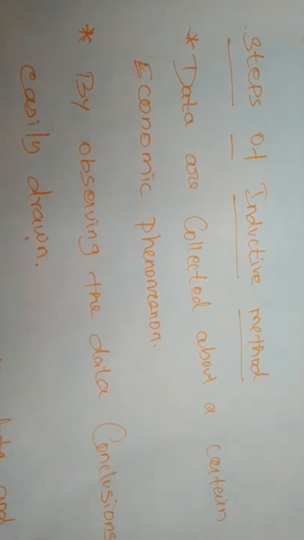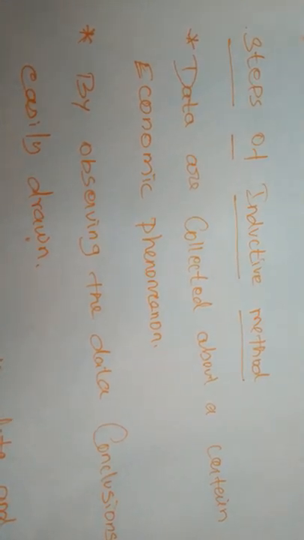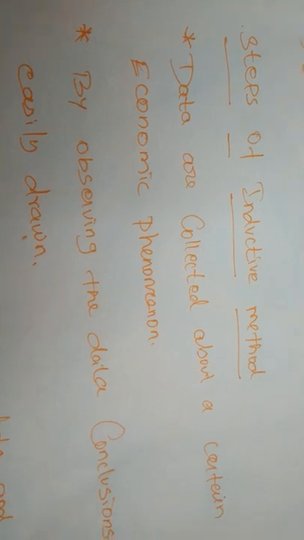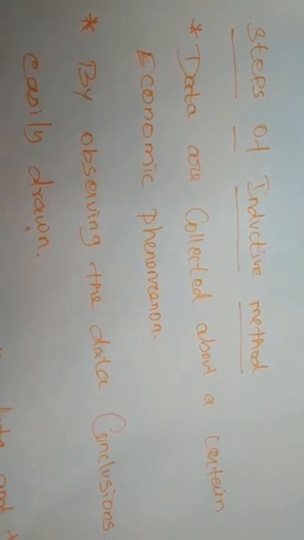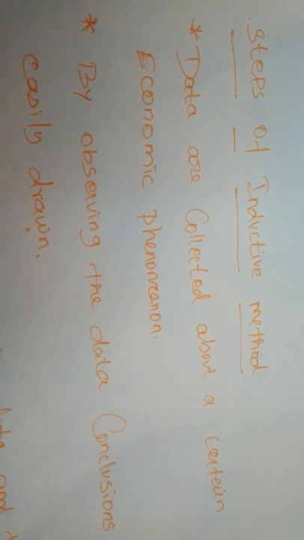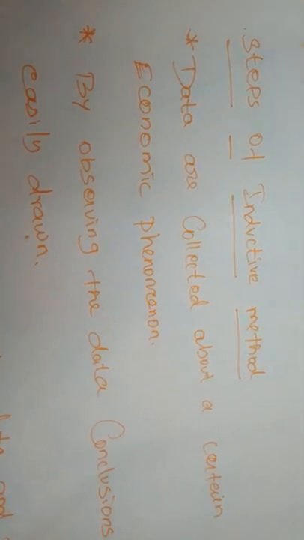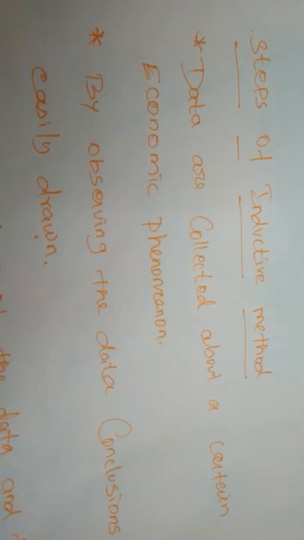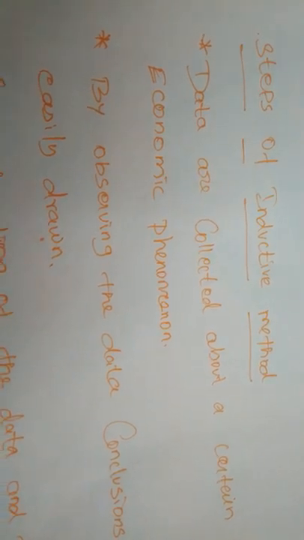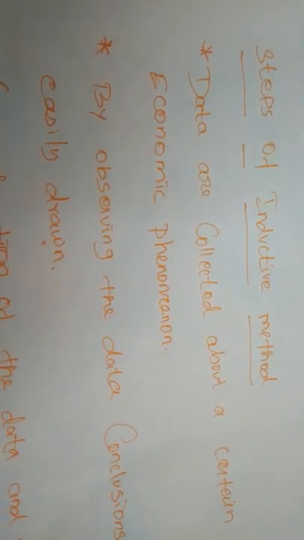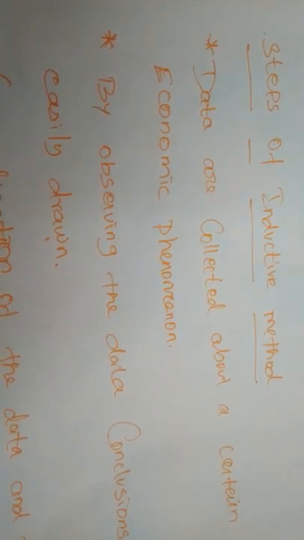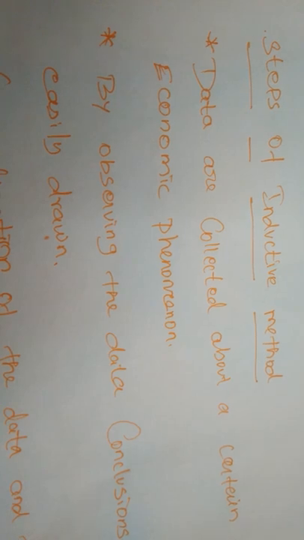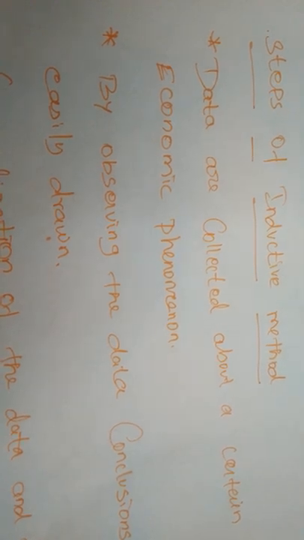If you want to increase food production in the future on the basis of increasing population, we have to collect data about the increasing population, the amount of increase, and only then can we increase food production in the future. Without having the economic phenomenon, we cannot come to conclusions about the problems.